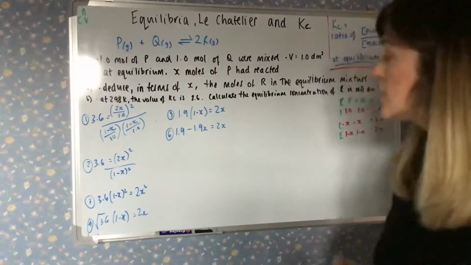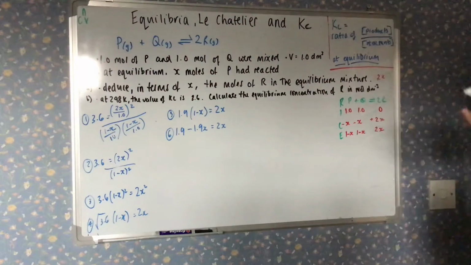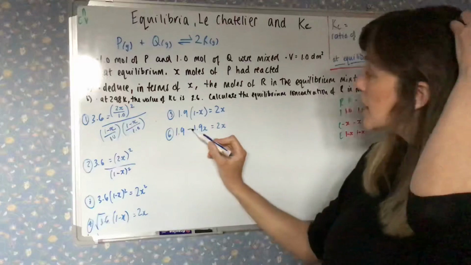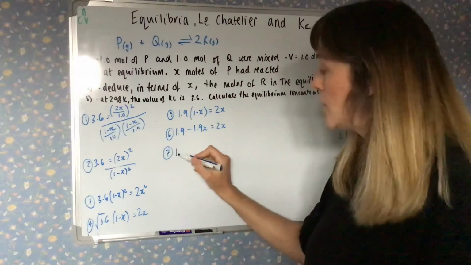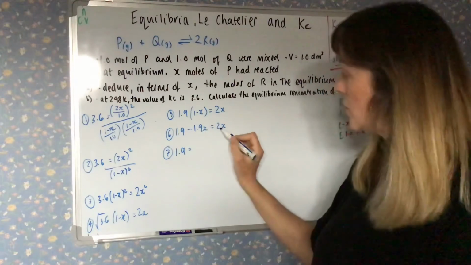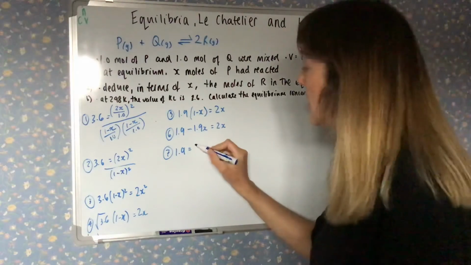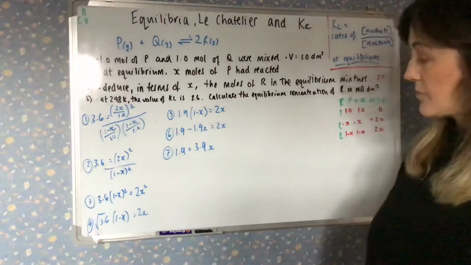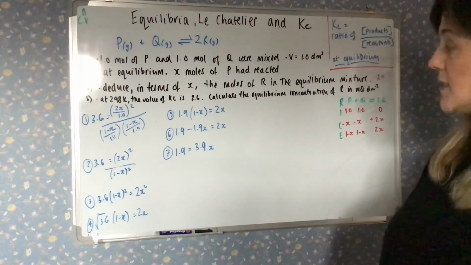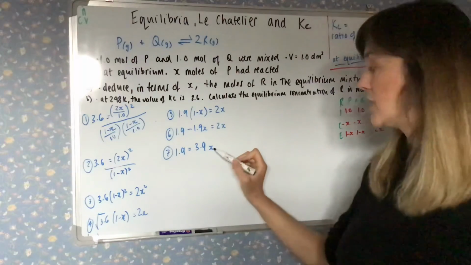Okay, so then we want to get all of the x's on one side of the equation. So we can just add 1.9x to both sides. So 1.9 is equal to 2 plus 1.9x, that's 3.9x. Okay, so the next thing we want to do is we want to get x on its own.